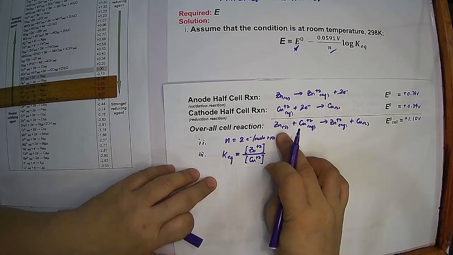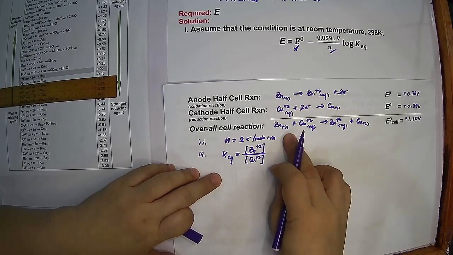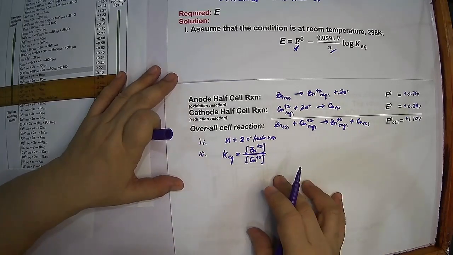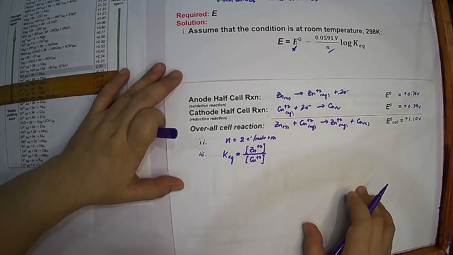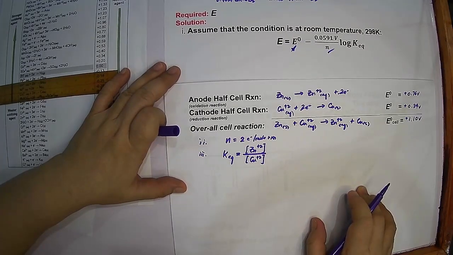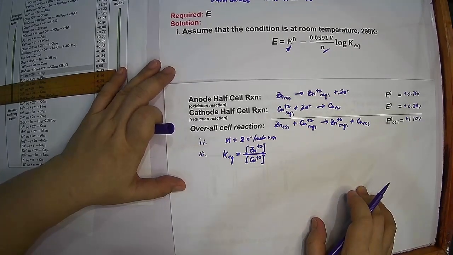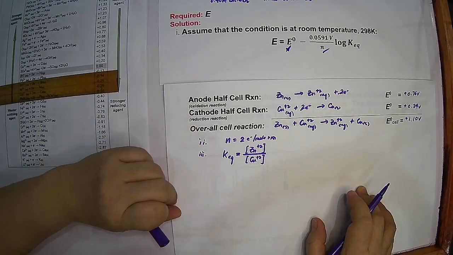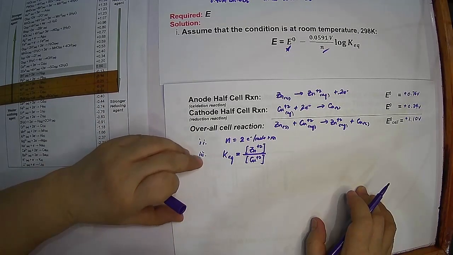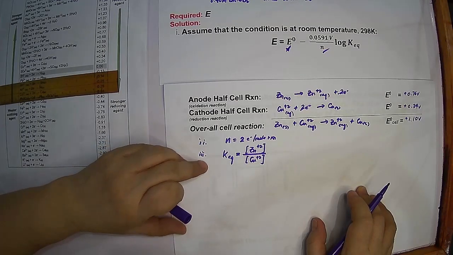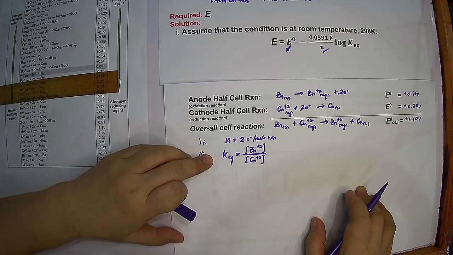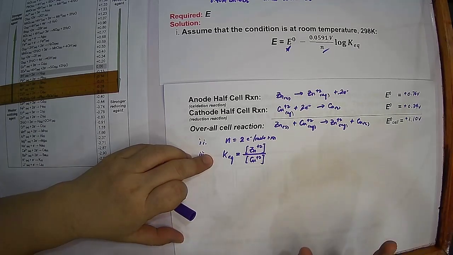The zinc here is not written in the denominator, like copper in the numerator, because it is in solid state. Remember our discussion in writing expression for chemical equilibrium. The solid and liquid are not included in the reaction ratio because the activity of solid and liquid is 1, and 1 raised to any number is 1.